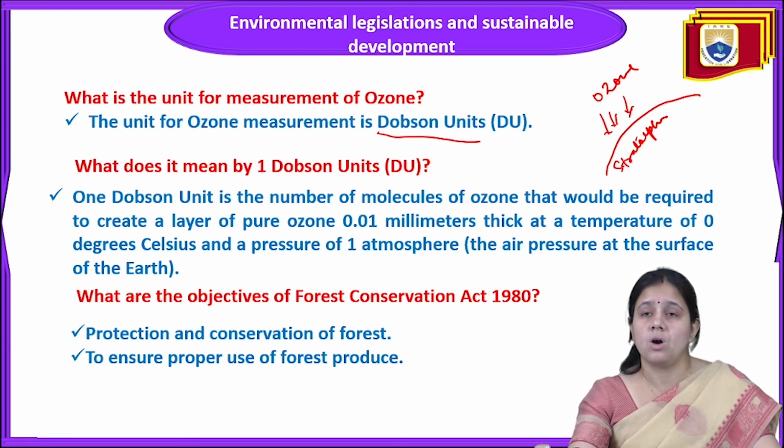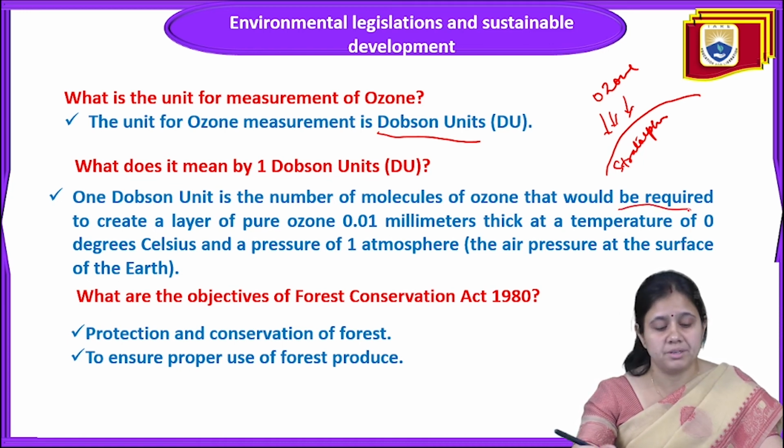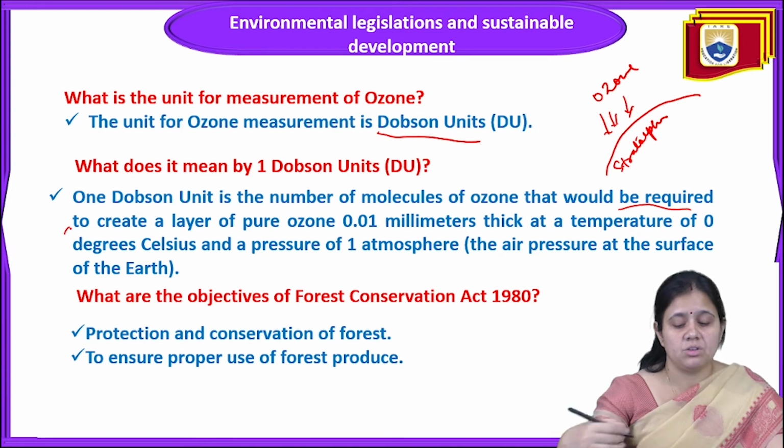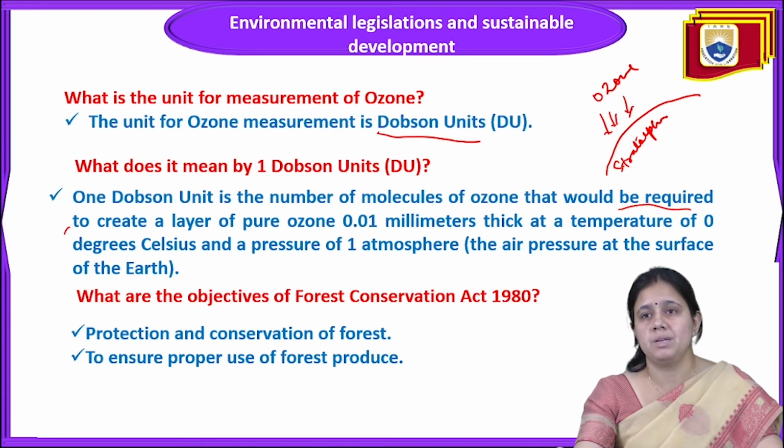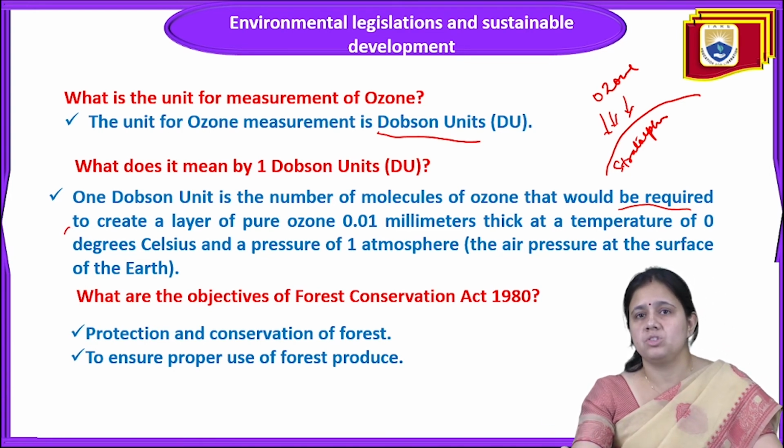Next is what does 1 Dobson unit represent? So 1 Dobson unit is the number of molecules of ozone that would be required to create a layer of pure ozone of 0.01 millimeter thick at a temperature of 0 degrees Celsius and a pressure of 1 atmosphere.